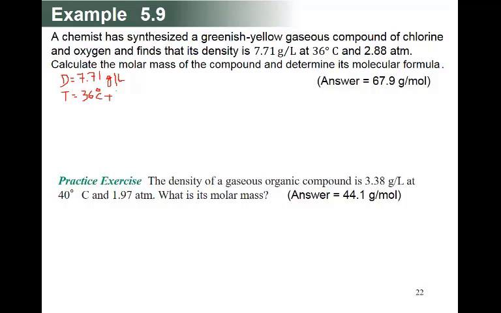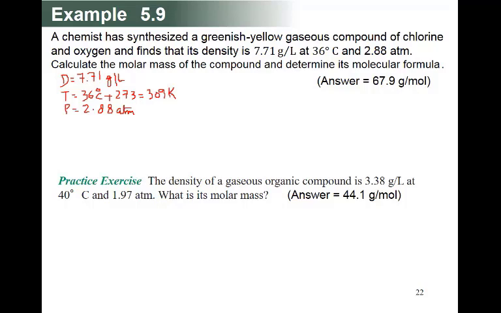You add 273, which is equal to 309 Kelvin, and then pressure is 2.88 atmosphere. It is already in atmosphere, so no need to change.